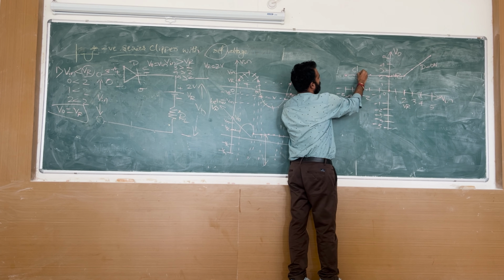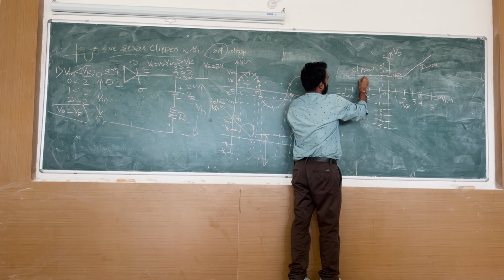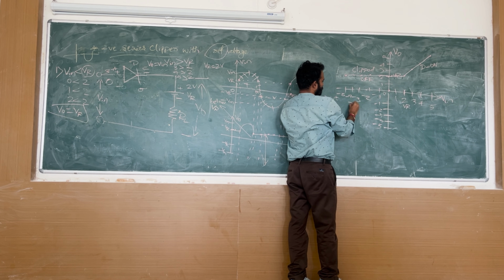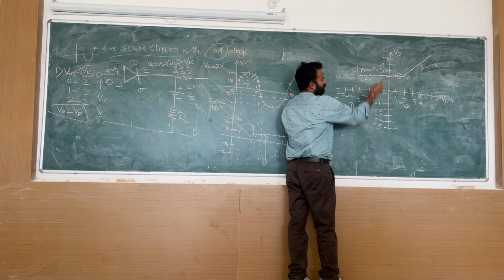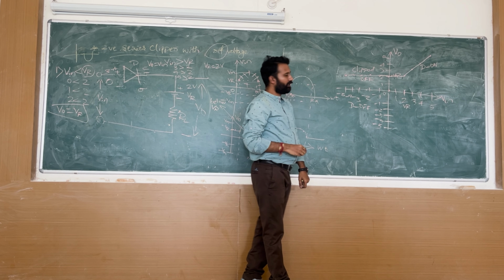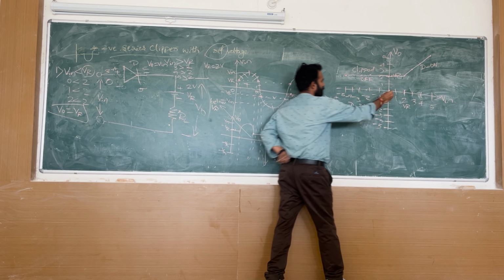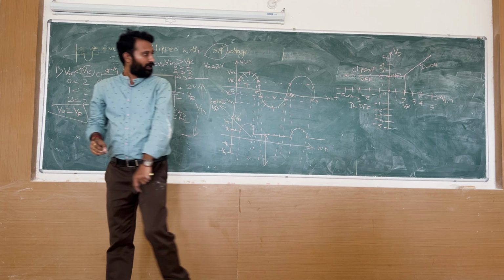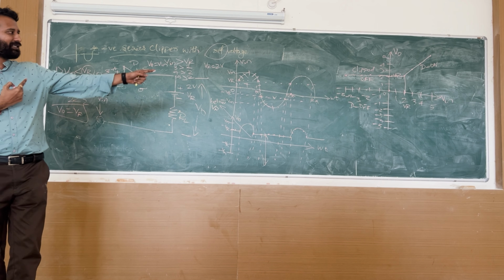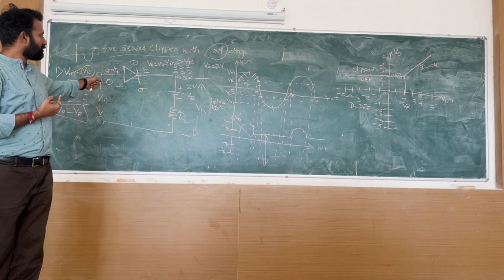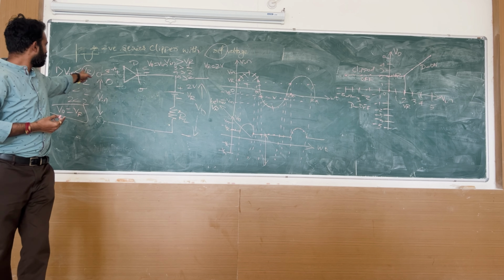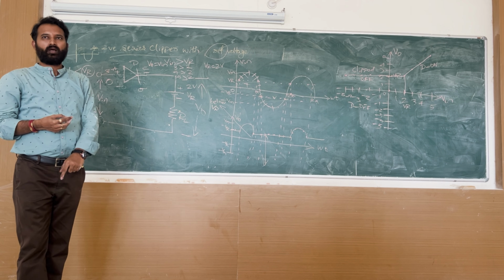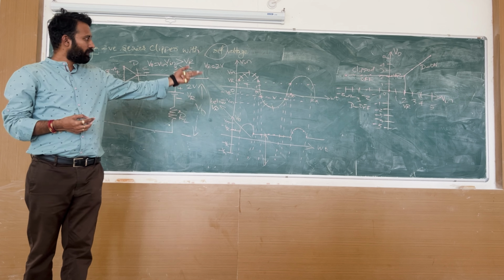Here you write down clip off, and you can mention diode off. Clear? Join this. That is your transfer characteristics, drawn based on the process and the equation. You can note it and draw the diagram.